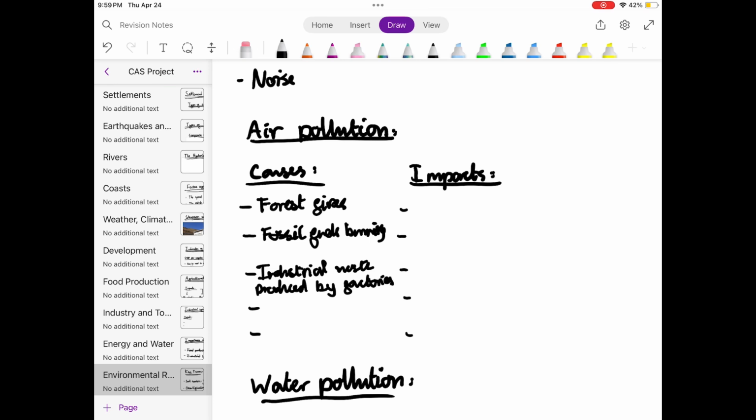And it can also be caused by vehicles powered by petrol. And also open stoves, which are more common in LICs, can also increase air pollution.